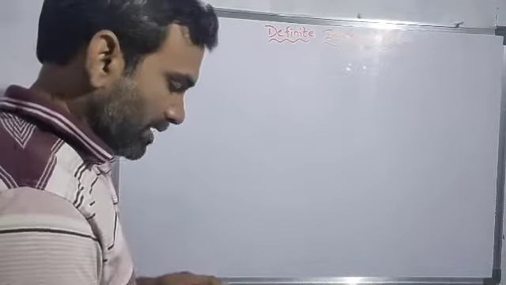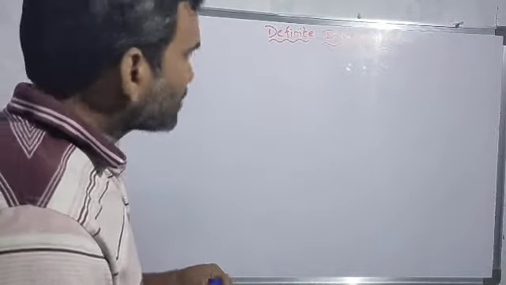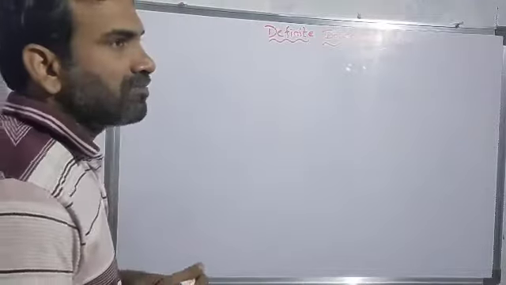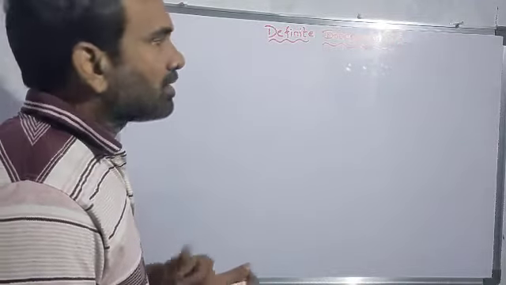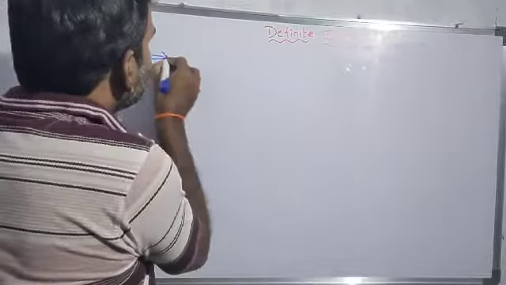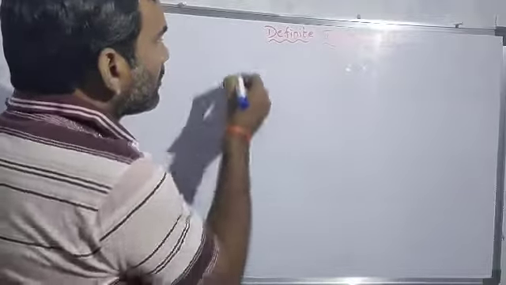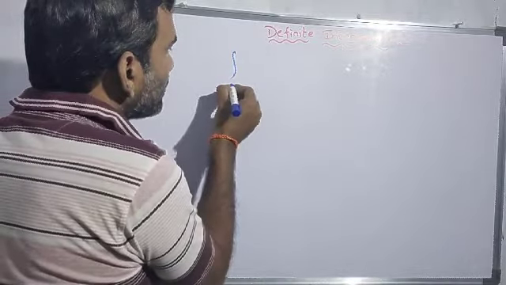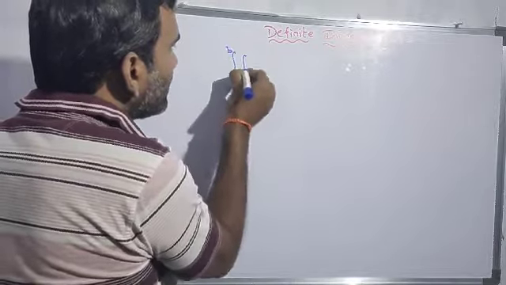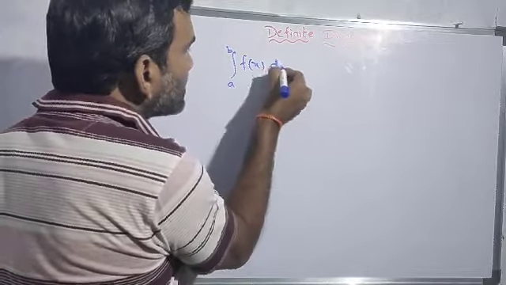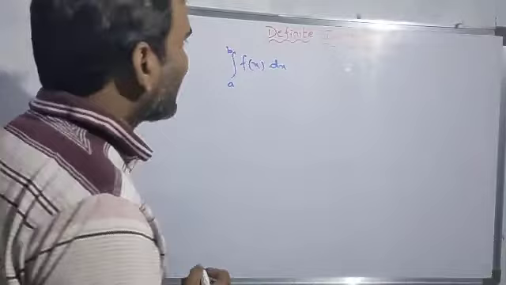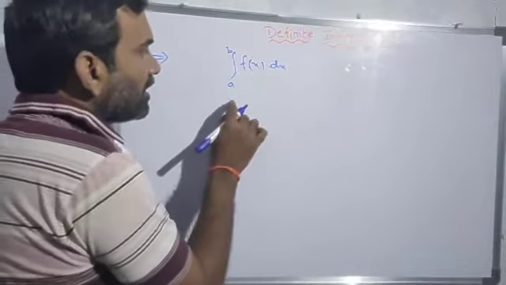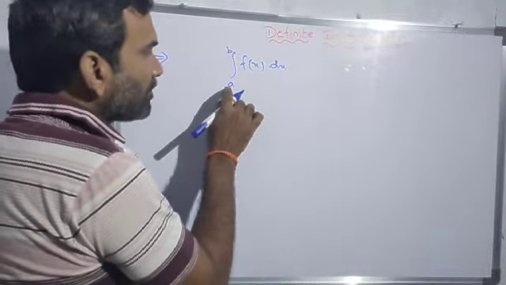Actually, in definite integration we consider the function like this. For definite integration, the integral from a to b of f of x dx, we define it like this. That means the integral values of a function from a to b.